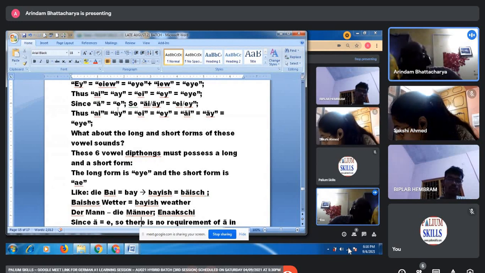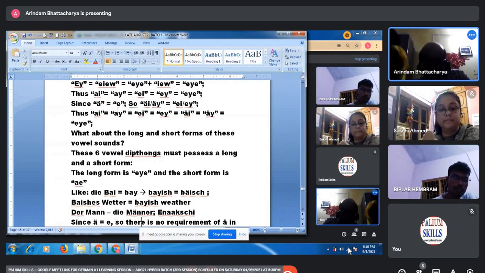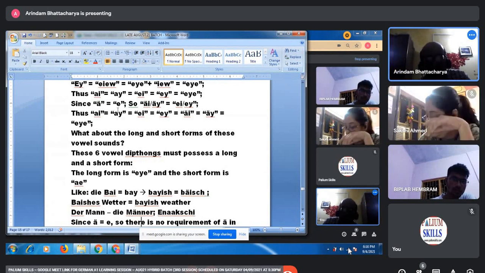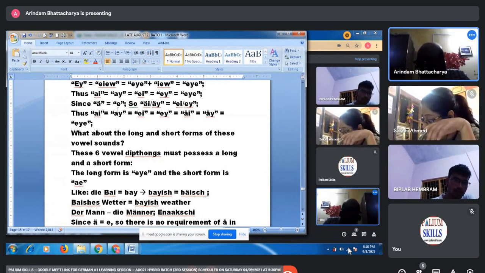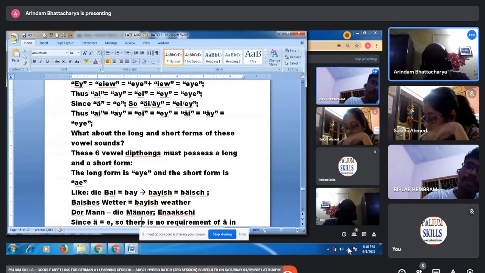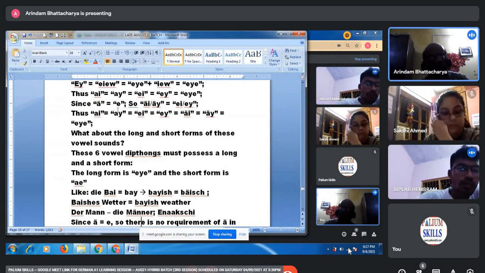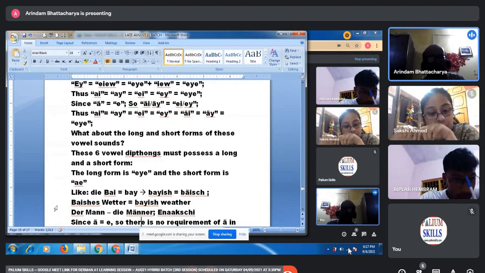So we find that from bay comes the word beige, and this beige is an adjective of bay. Yes? So like beige weather. Weather is called das Wetter in German. Okay. So Wetter, weiches Wetter, but it will be an umlaut.